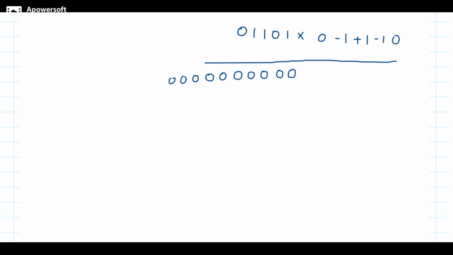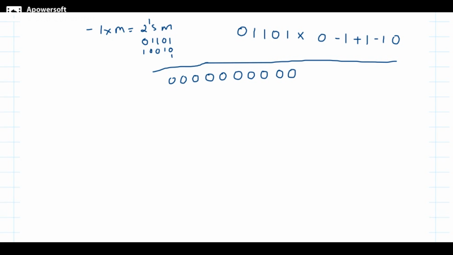partial product we have to compute is nothing but minus 1 into m. So minus 1 into m means 2's complement of m. So I'll write m as it is, that is 0, 1, 1, 0, 1. Take 1's complement of that, 1, 0, 0, 1, 0, and plus 1.